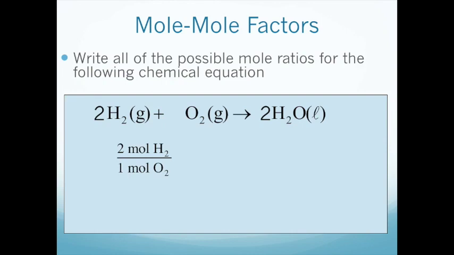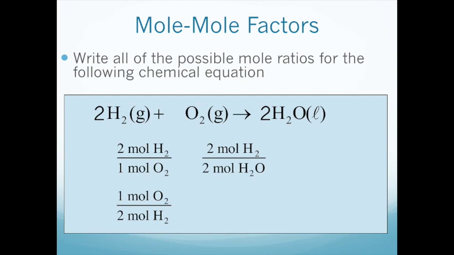It also tells us that for every 2 moles of hydrogen gas reacted, we react 1 mole of oxygen gas. And the converse is true. For every mole of oxygen gas reacted, we have to react 2 moles of hydrogen gas.